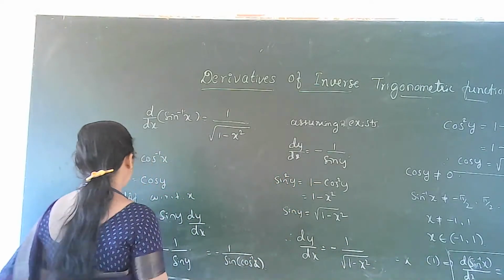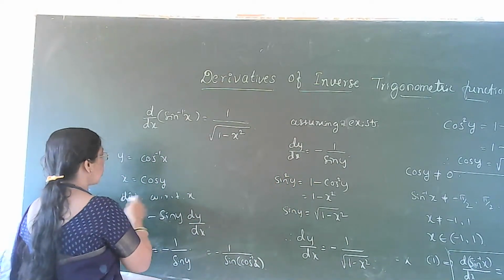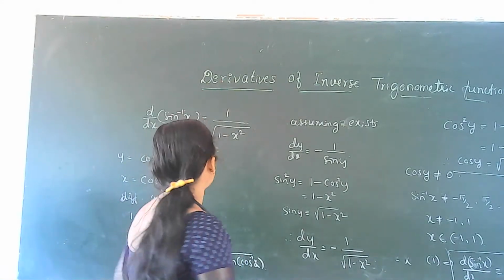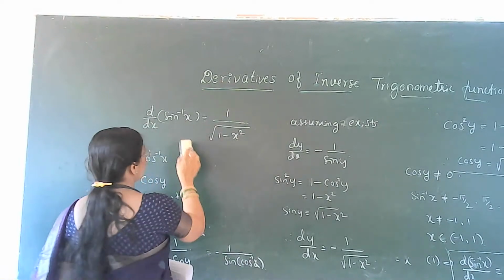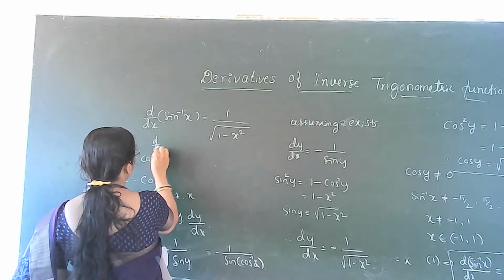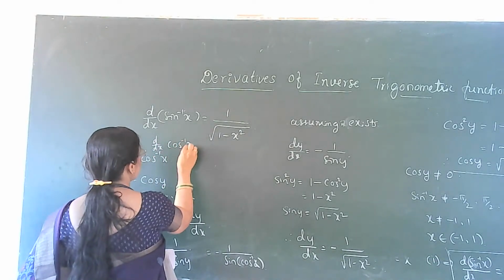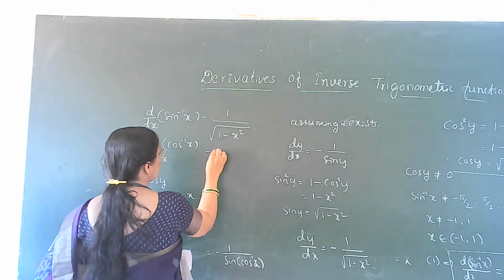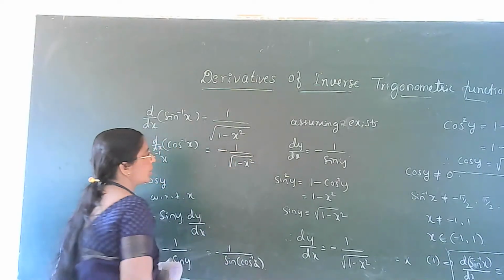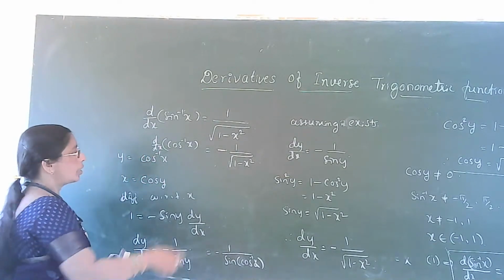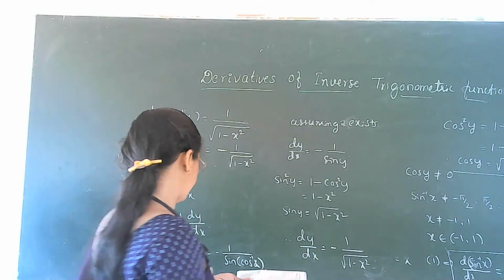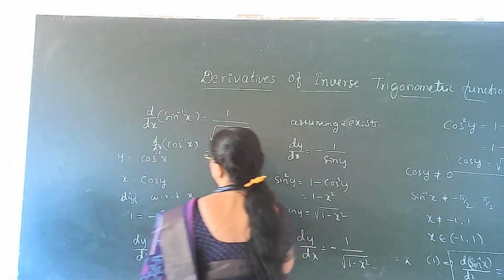It's the same way, but here there is a minus sign because the derivative of cos y is minus sin y. Therefore, the derivative of cos inverse x is equal to minus 1 by root of 1 minus x square. Same steps but different in the sign.